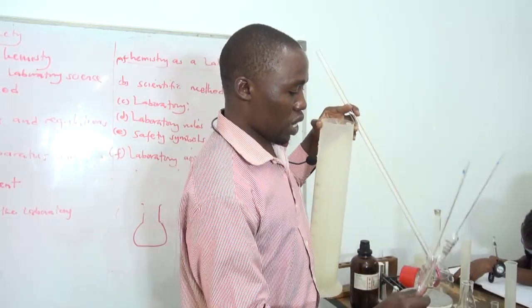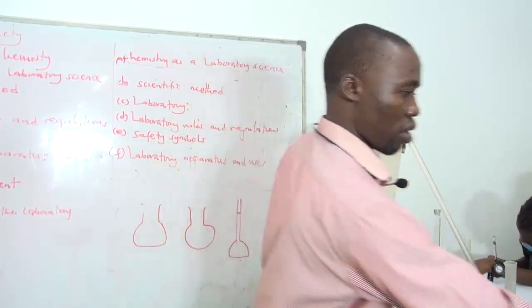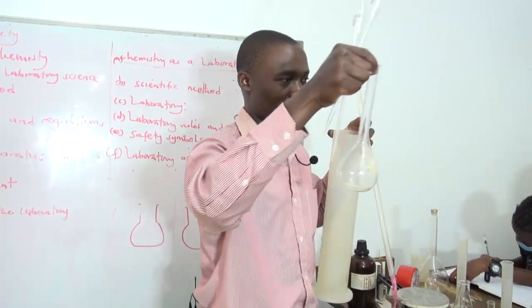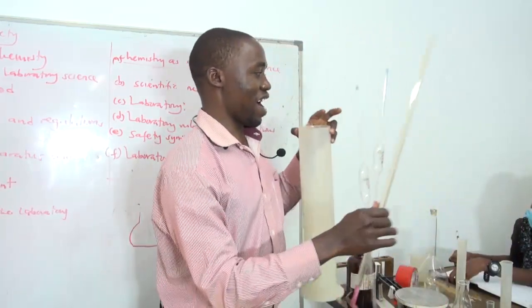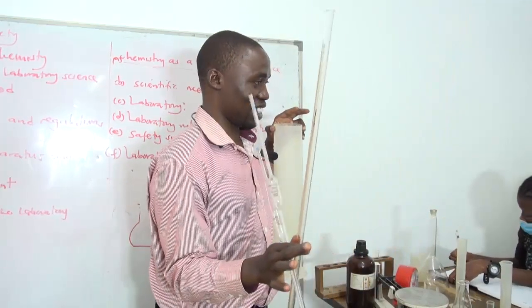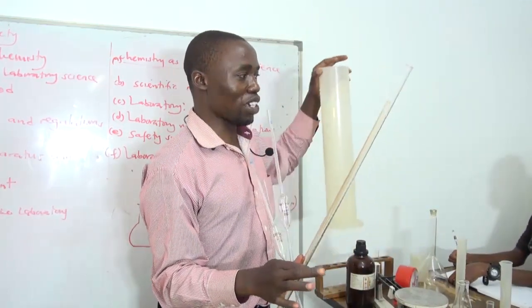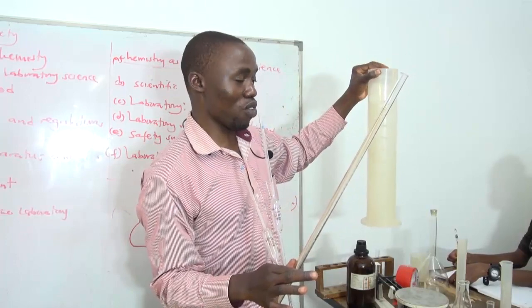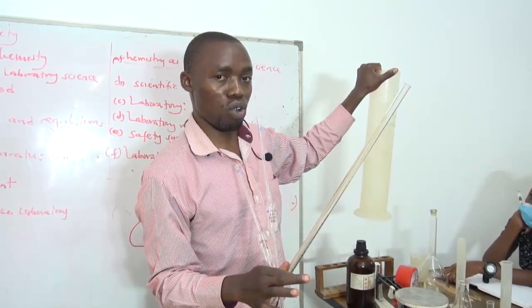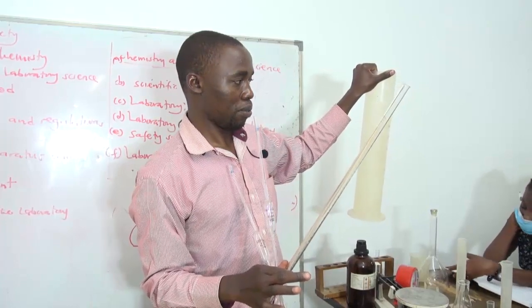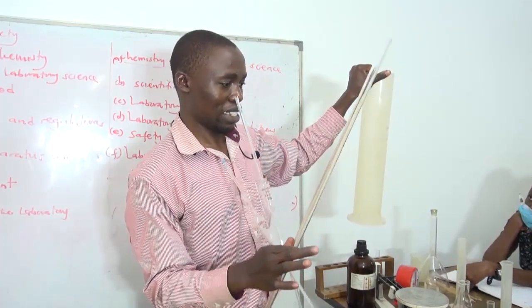The most accurate apparatus is which one? Volumetric. Then the next in accuracy are these ones. These ones measure inaccurate volumes. They are used when you don't want a high degree of accuracy. You understand?